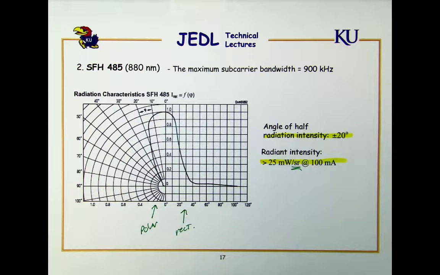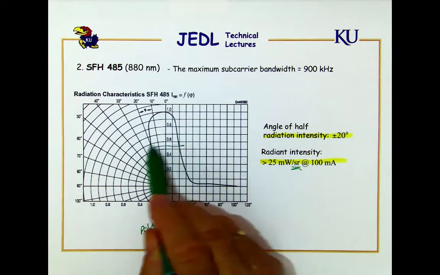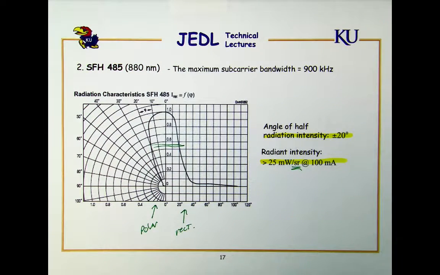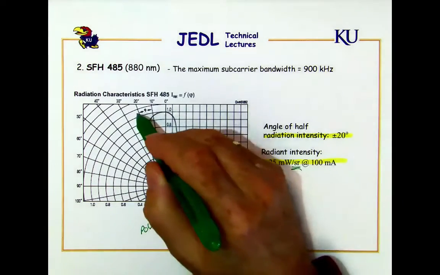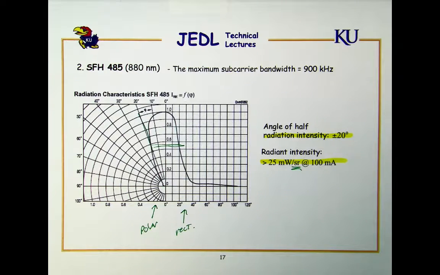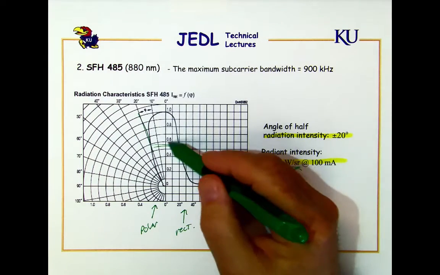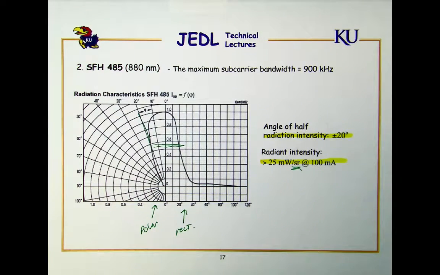You can see that we're usually interested in the angle at the 50% point. That's what the radiation measurement is, so the radiation angle is determined by the half radiation intensity, and that's how you look at these charts. So that's the two SFH484 and 485 devices.